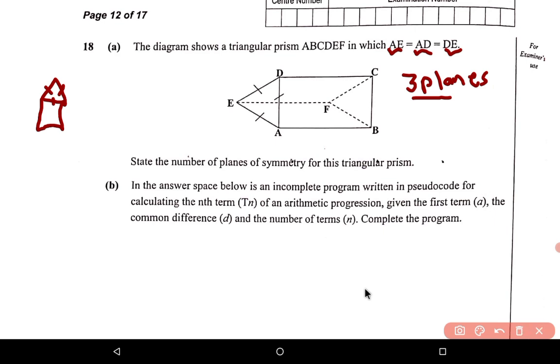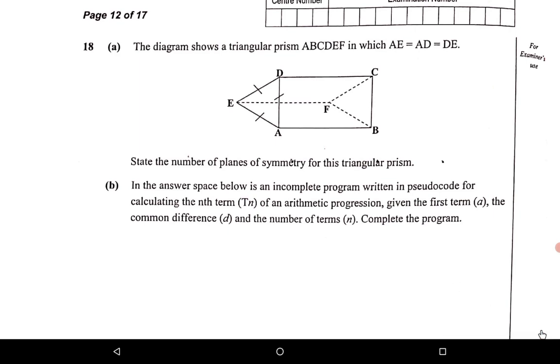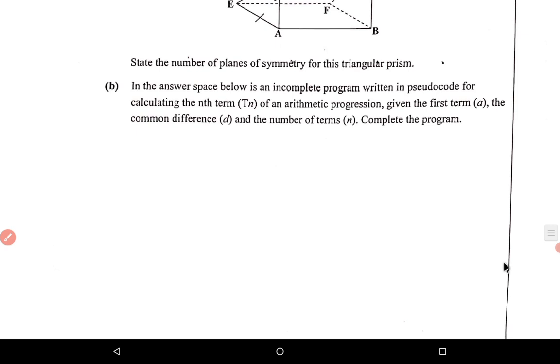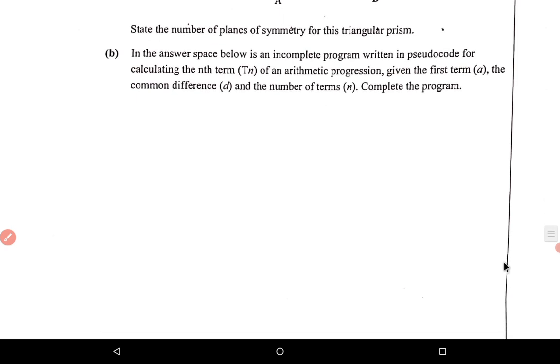Then we go to the next one. So in the answer space below is an incomplete written pseudocode for calculating the nth term.